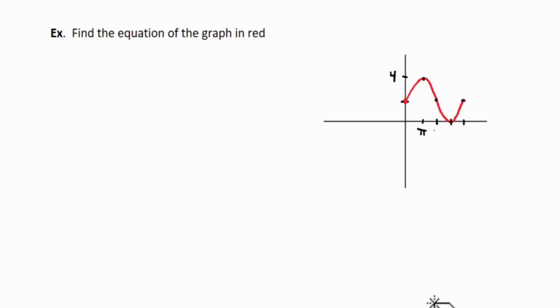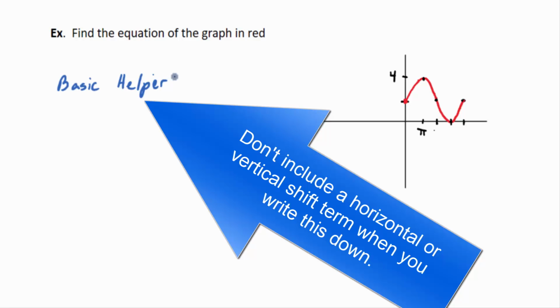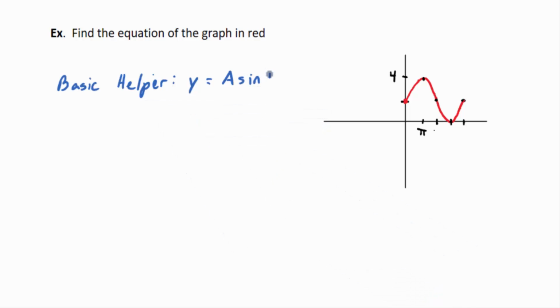Well, okay, let's start with a basic helper function, just to grab a hold of something. It's going to be y equals a times sine of b times x, right?